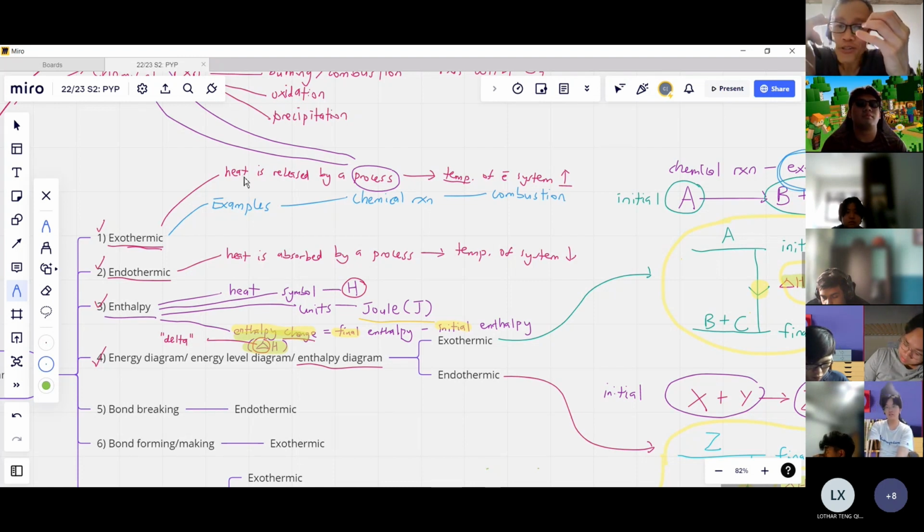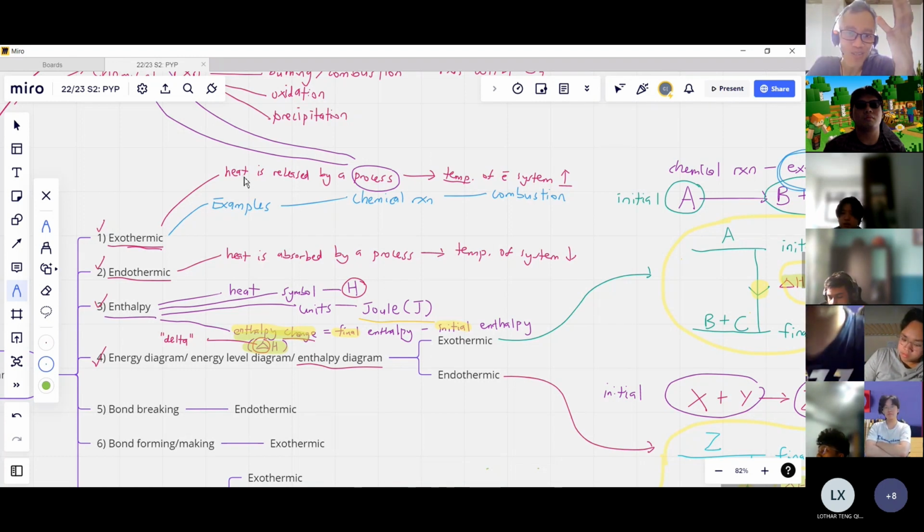If it's a combustion, 100% confirmed it's an exothermic process. You may be asked this in your MCQ. You have a few choices: which of the following is an exothermic process? So make sure you recognize combustion is an exothermic process. One of the answers may be a combustion.